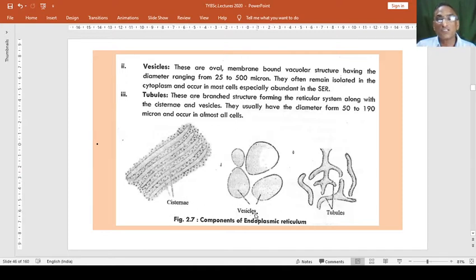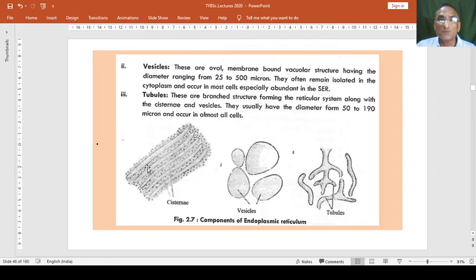Now second, we will see vesicles. Vesicles are oval, membrane bound vacuolar structures having a diameter ranging from 25 to 500 micron. They often remain isolated in the cytoplasm and occur in most cells, especially abundant in smooth endoplasmic reticulum, SER.